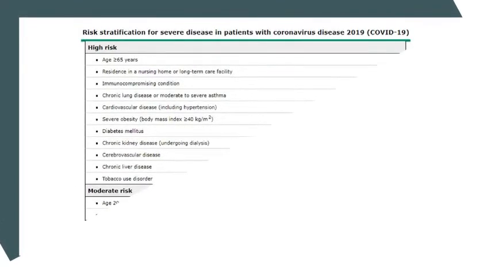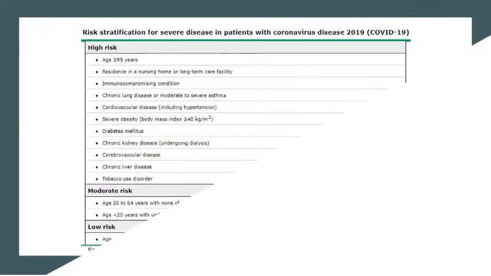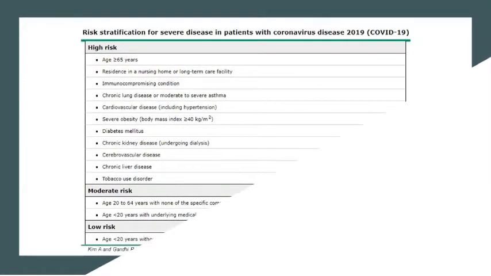And this is very important because some people imagine that smokers are protected. No, smoking also is one of the risk factors to progress to severe disease.